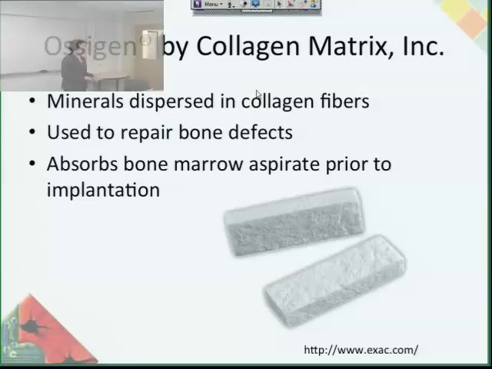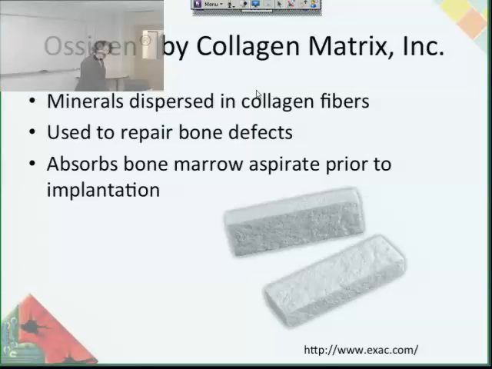But the indication for these sponges is that you would take a bone marrow aspirate in the surgery room and use the sponge to suck up the bone marrow aspirate, which has stem cells and other good healing things in it, and then stick that in the bone defect and it heals better. So that's a pretty good use of collagen matrix.